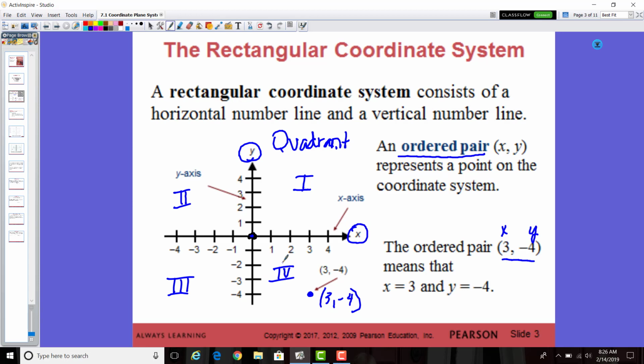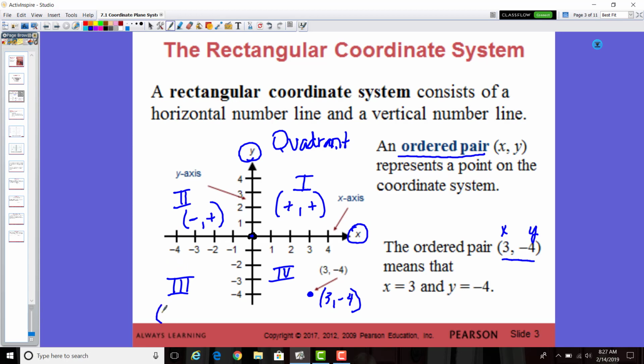In order for a point to sit in each one of those quadrants, it has to take on specific criteria of the x and the y. In the first quadrant, all of my x's are positive and all of my y's are positive. So our points will always be positive points. In my second quadrant, my x's are negative because they are to the left of the origin, but my y's are still positive. So all the points that sit there will have a negative x and a positive y.